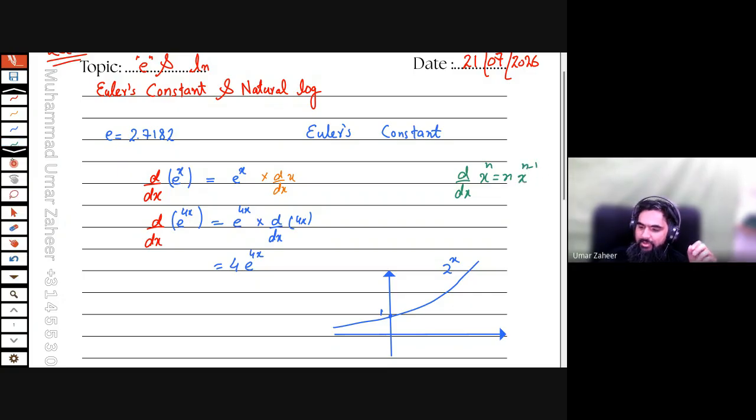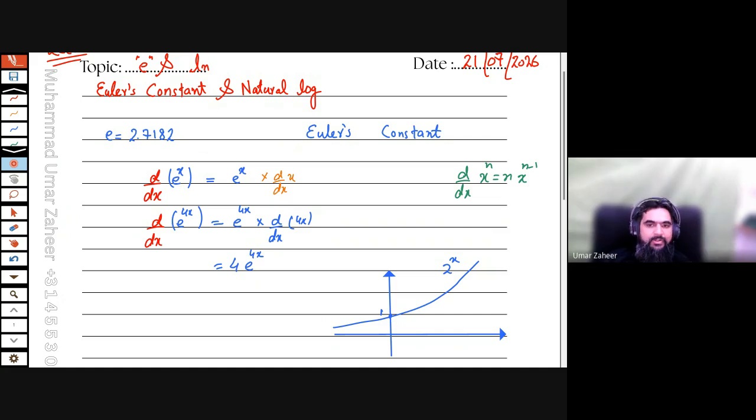But here we are talking about Euler's number. If you take the derivative of e power 4x, it is as it is, multiplied by the derivative of the power that you have on e, like this. That's it. I'm just telling you how you are going to take the derivative.